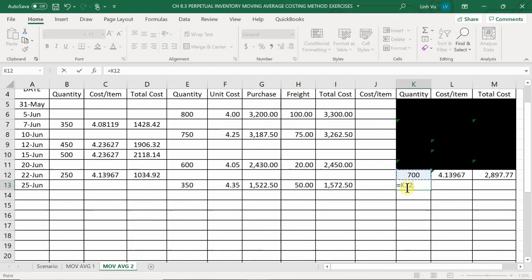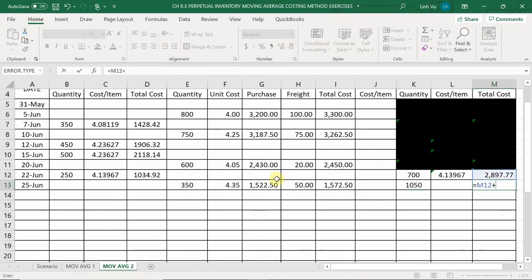All right, so let's update my inventory. So I started with 700 units, and I just purchased 350 units. So I should have now a total quantity of 1,050. Good. Okay.